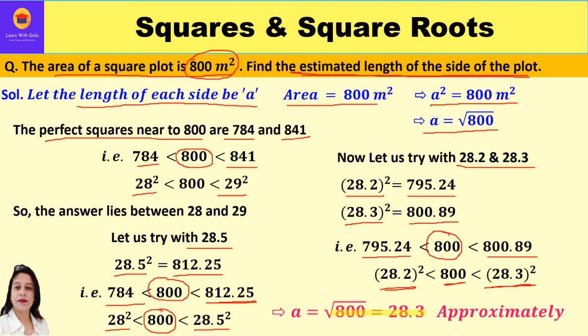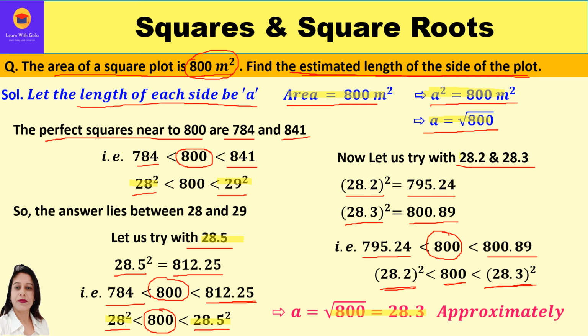So basically over here we started with the area. Area was given 800 meter square. Then we said that A square is 800. So A is equal to root of 800, and we found the root of 800 by estimation method. First we started with 28 and 29. Then we tried 28.5. Then we said that it lies between 28 square and 28.5 square.